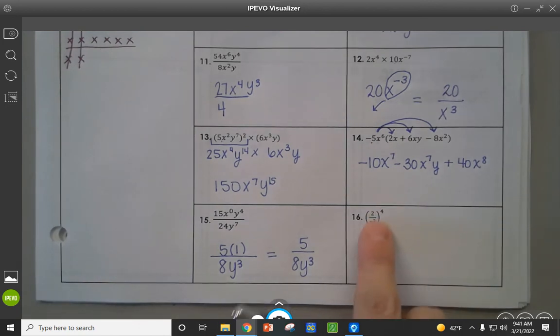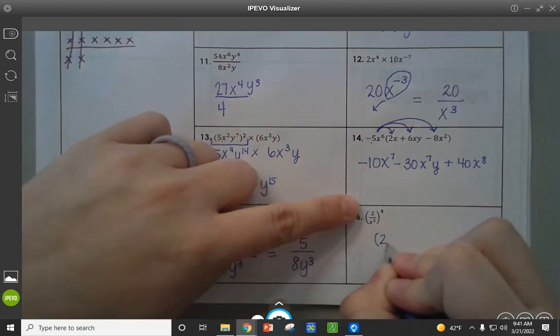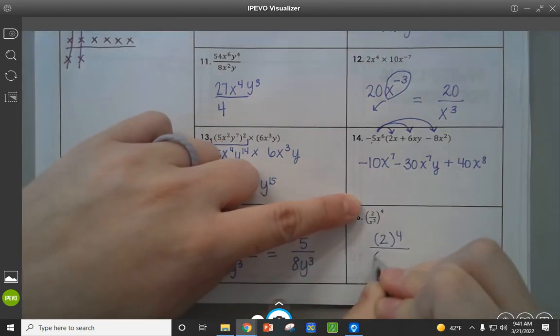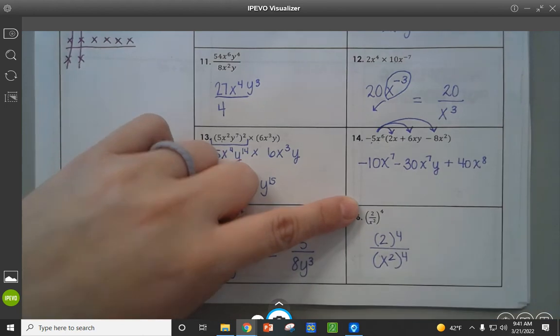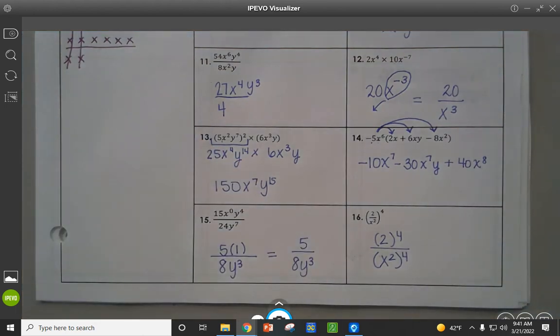All right, now this last thing, if I have a fraction with an exponent outside, that's the same thing as doing 2 to the 4th over x squared to the 4th. You basically raise the numerator and the denominator to that exponent. And what is 2 to the 4th power?